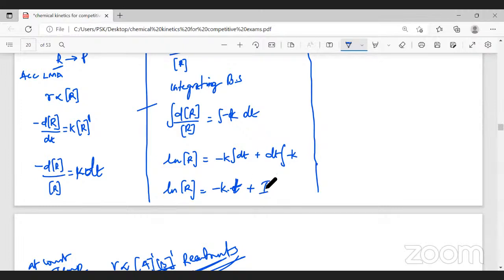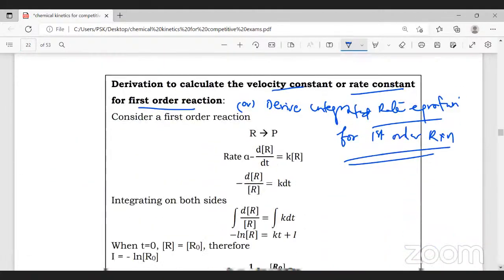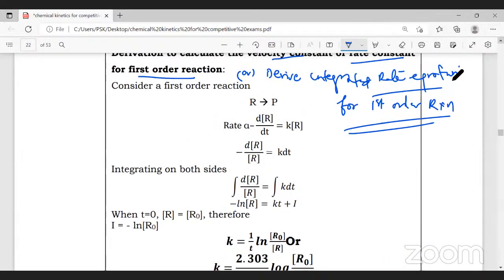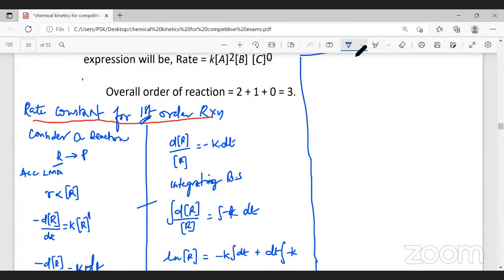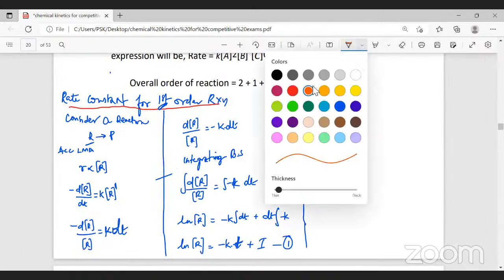Whenever we integrate, we give an integration constant, and that integration constant is given as I. Let's see what value we get. And then the next part of the topic is in the derivation. So far, did you follow?